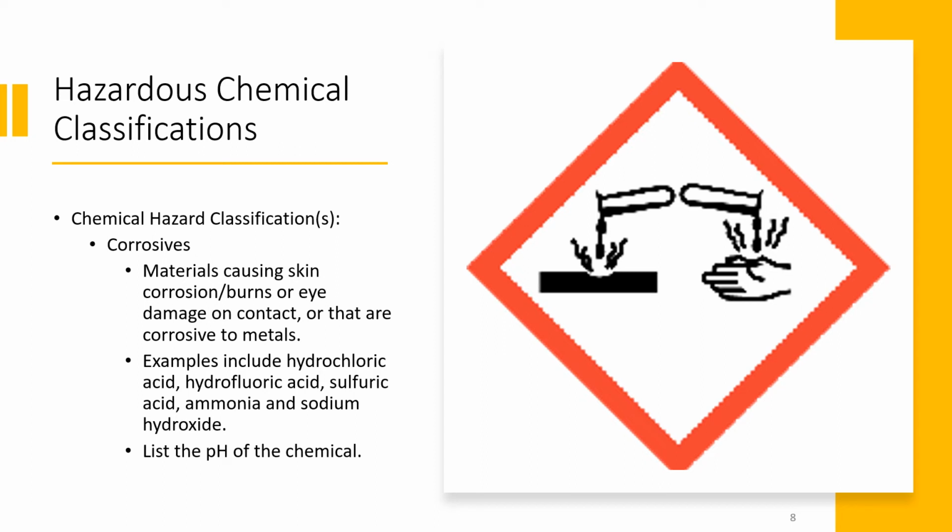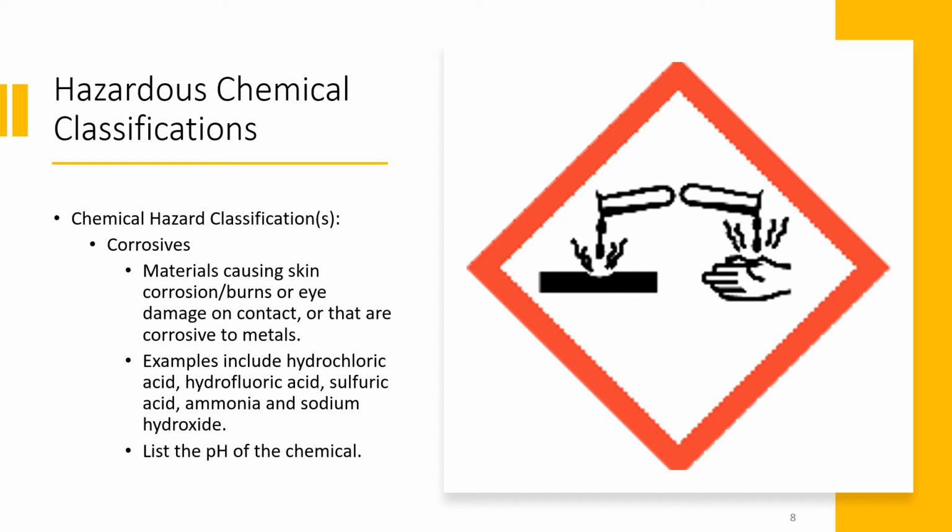So the definition is materials causing skin corrosion, burns, or eye damage on contact, or that are corrosive to metals. Many times when something is corrosive to metals, of course, it is making it weaker. Sometimes it's liberating different things as it's etching down into the steel.